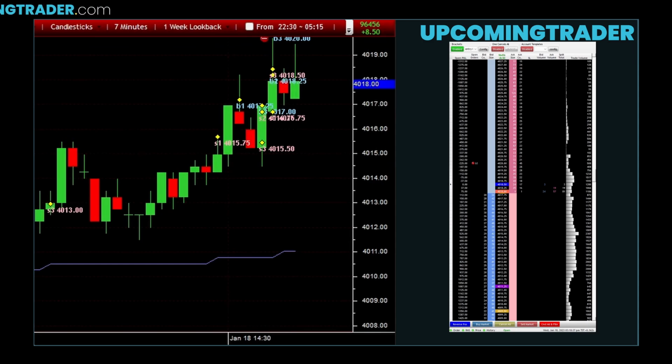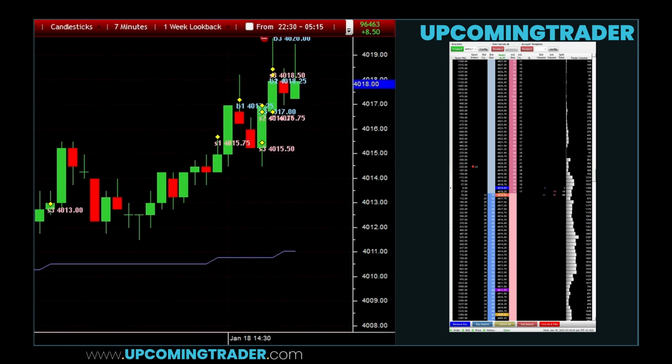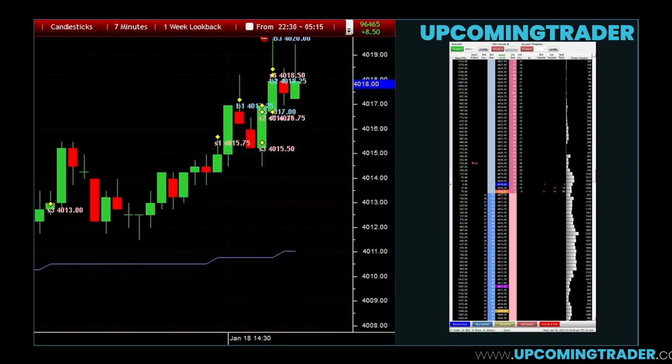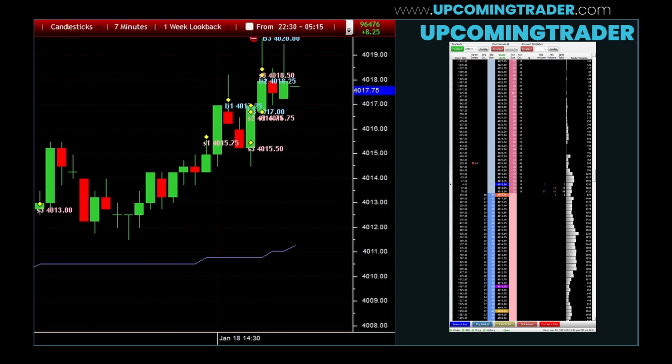Another mistake is relying too much on volume profile without considering other factors. It is a powerful tool, but it is best used alongside other analysis like trends or market news. Finally, do not forget to consider the overall market context. If you only look at the volume profile without thinking about the broader picture, you might miss important details that could affect your trades.